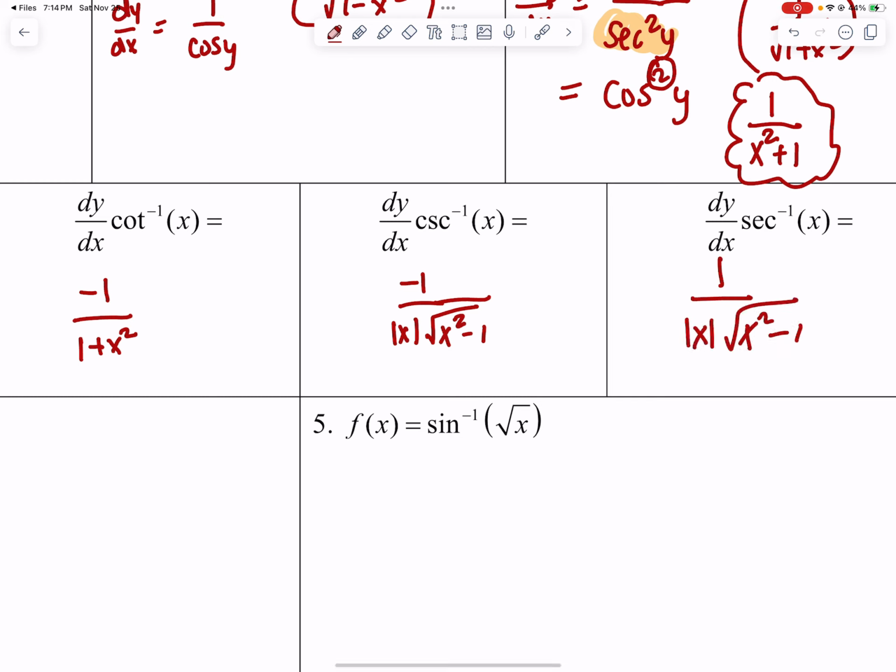So notice how here, inverse secant is going to have the negative, but then inverse cosecant is going to have the negative, and then inverse secant does not have the negative. Inverse cotangent is very similar, except this time it's negative.